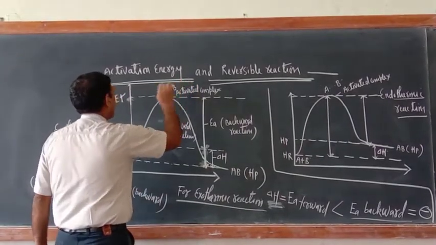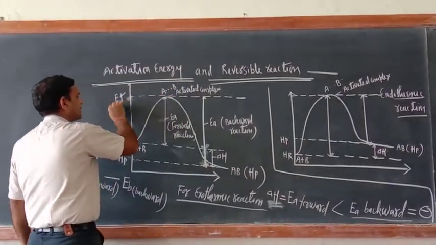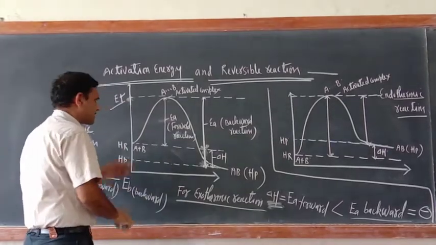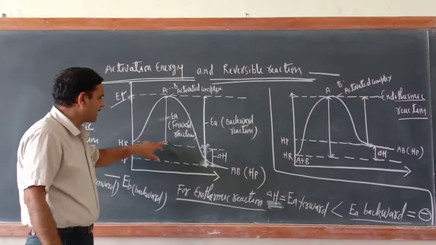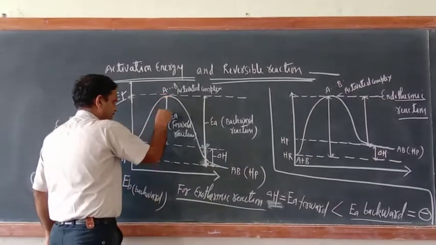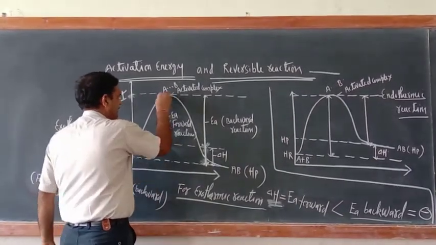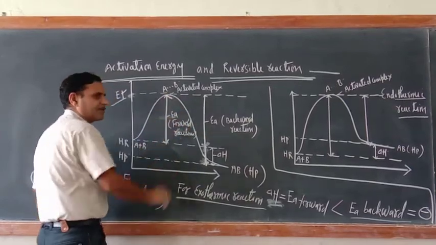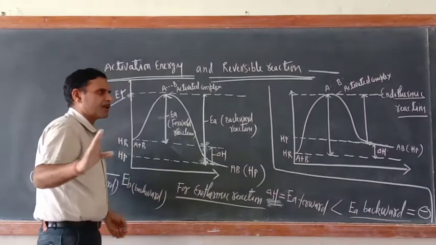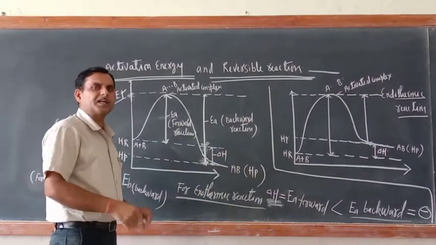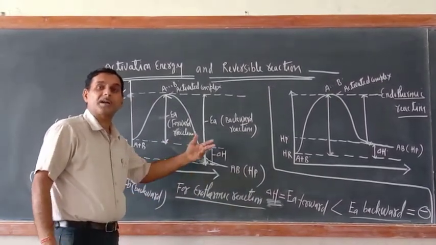Here the activated complex will form when energy is equal to the threshold energy. Now just see. Remember, for the forward direction reaction, the activation energy is this much. That much. EA forward, the activation energy for the forward reaction. And now try to understand the activation energy for the backward direction reaction.